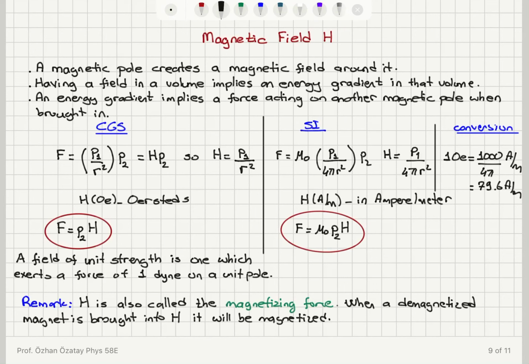The conversion between these two is 1 Ørsted is 1000 over 4 pi ampere per meter, or 79.6 ampere per meter. We call this magnetic field also the magnetizing force, because when you bring another material nearby, you will cause a separation of its poles, and therefore you will be magnetizing it, so it's called magnetizing force.